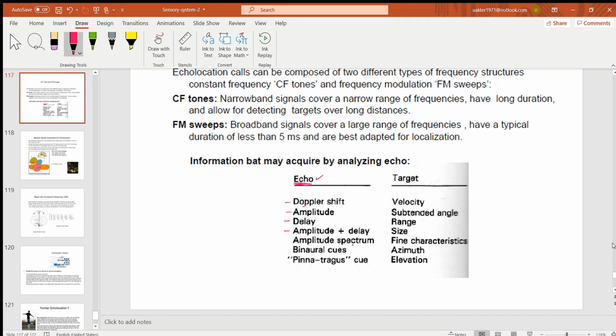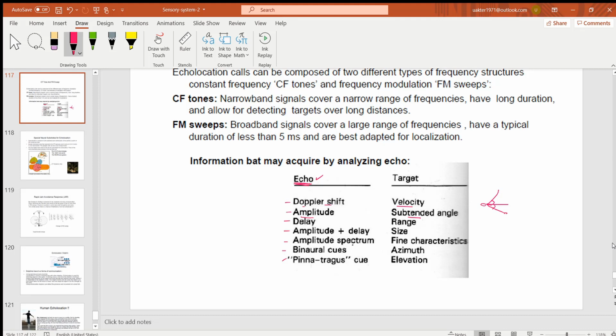Okay, Doppler shift that I explained gives the velocity, if it is moving away or moving towards, and what's the velocity. Amplitude, that's the angle. So the pulse, and this is the insect. So is it above or below? What is the angle? So bat can also detect that from the returning echo.